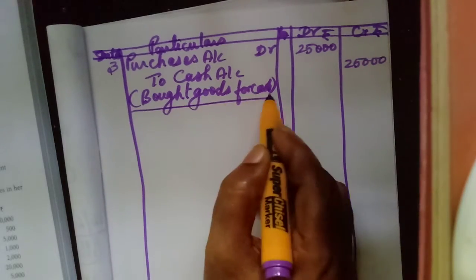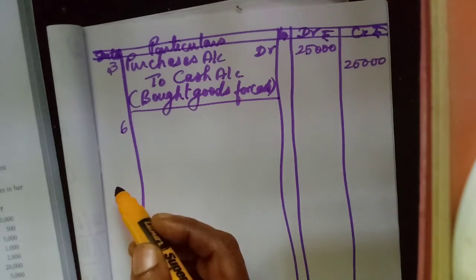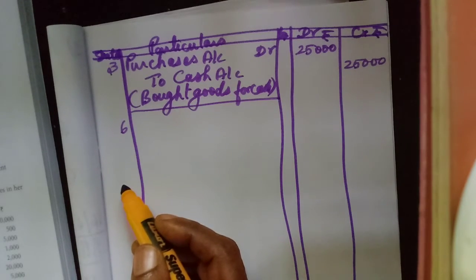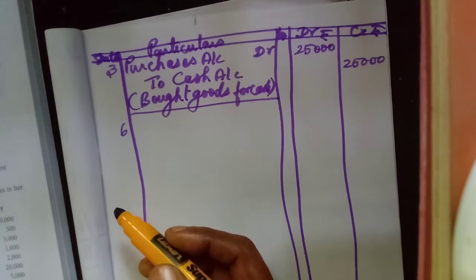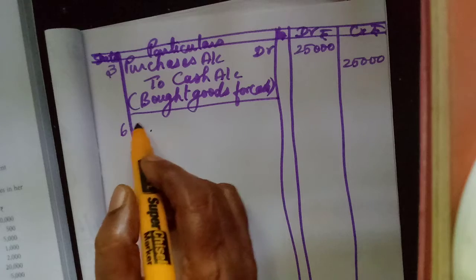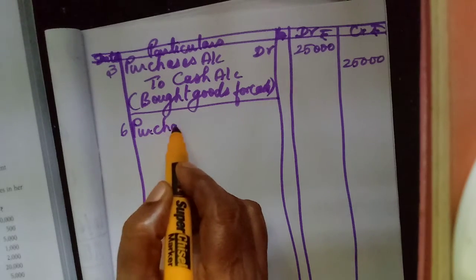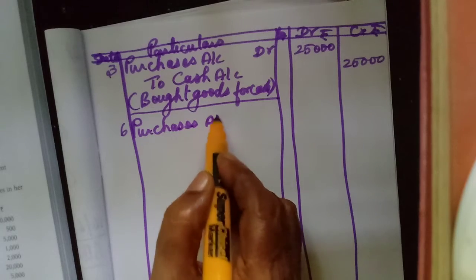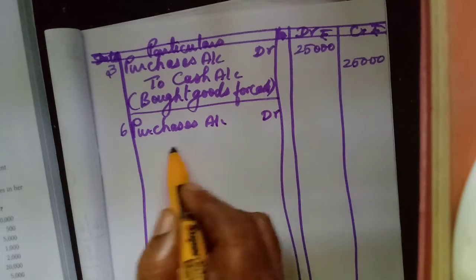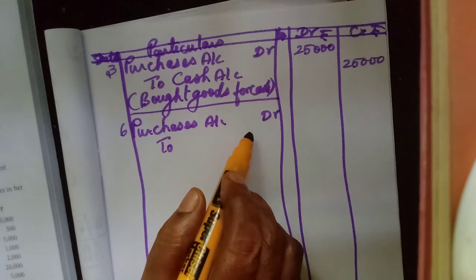Okay, draw one line. Then next, date 6. Bought goods from Kamalesh on credit. So on credit we are purchasing. So purchases debit, goods coming in, or it is an expense. So purchases account debtor. We are not paying cash, but from Kamalesh we are purchasing.